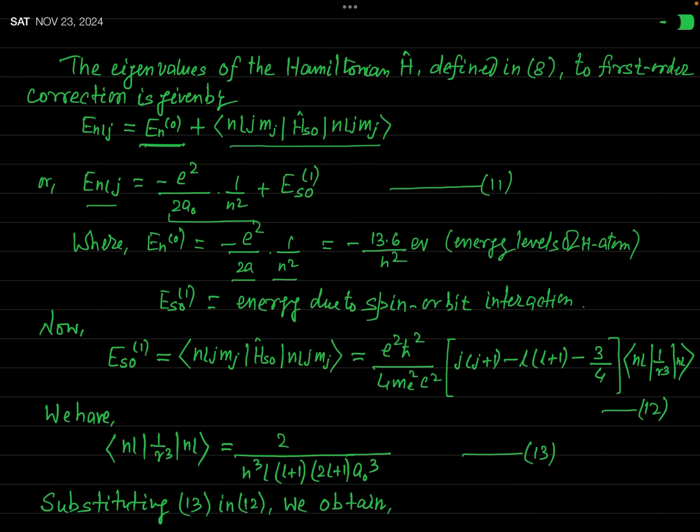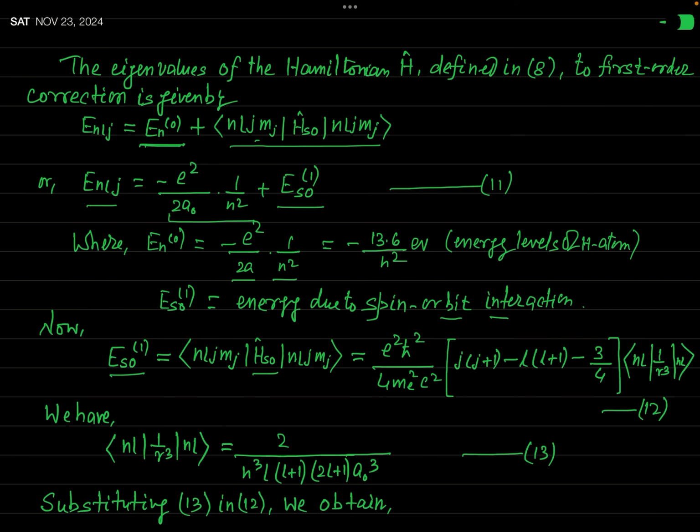Okay, and the expectation value of H SO corresponding to these states is denoted by the symbol E SO 1, where E SO 1 is the energy due to spin orbit interaction. But what will be E SO 1? This is simply the expectation value of H SO.